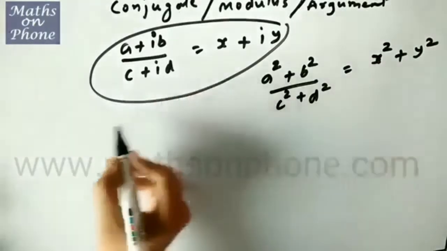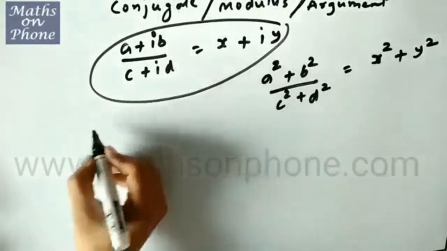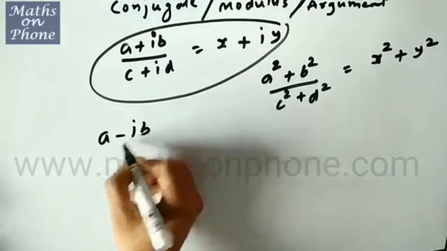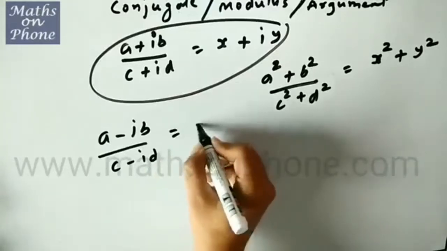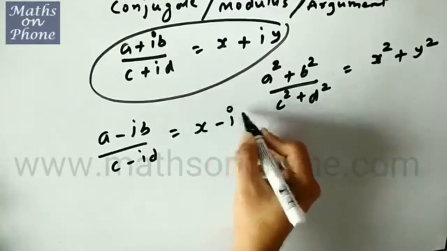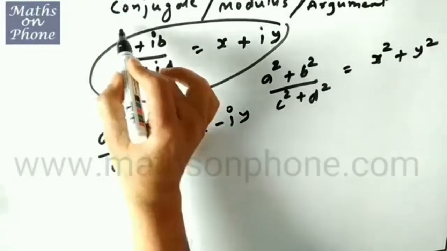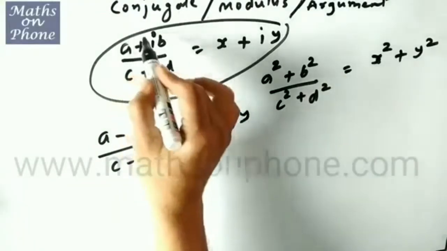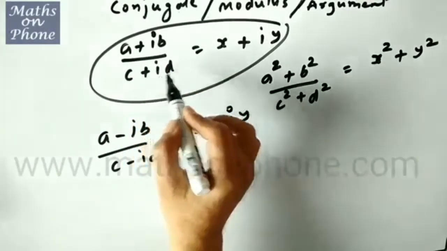Now see, if we take the conjugate on both sides of this equation, this will be A minus iB here, and here C minus iD, and here it will be X minus iY. What we are doing, we are just taking the conjugate here. If the conjugate of the complete thing is taken, that is equal to the conjugate of the numerator divided by the conjugate of the denominator.